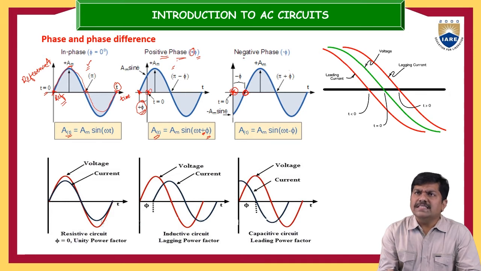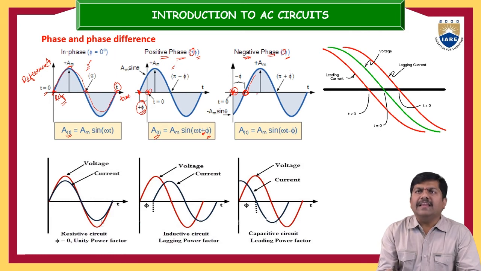So this is called a negative. Lagging is nothing but the negative, and the angle is the phase. So it is minus pi. How can we represent this waveform? The mathematical equation of this particular waveform is A of t equals A maximum into sine of omega t minus pi.